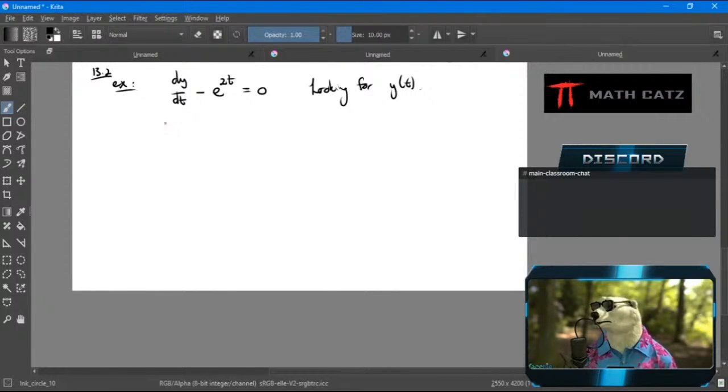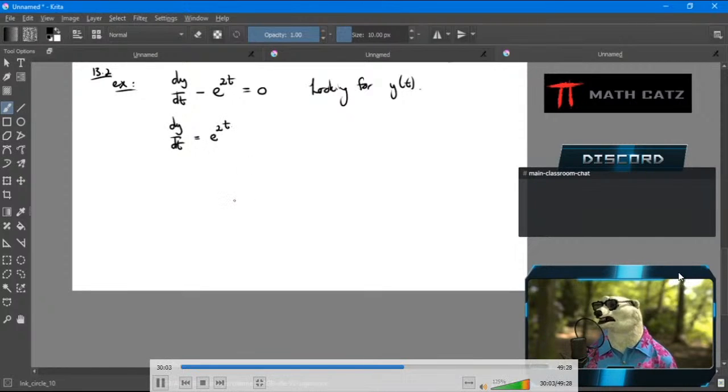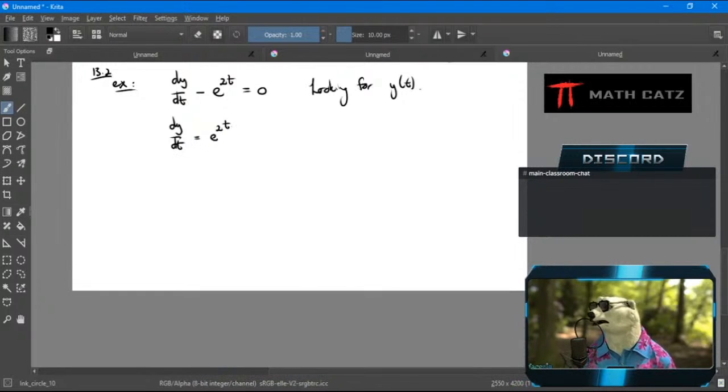But I can rewrite this equation as dy/dt equals e to the 2t. That means that what I'm really looking for is a function whose derivative is e to the 2t, which means I'm looking for the antiderivative of e to the 2t.